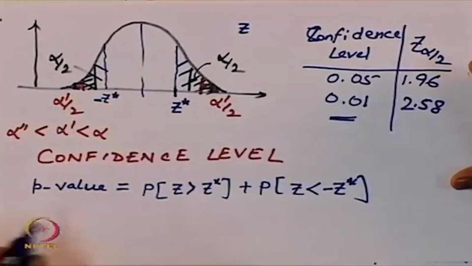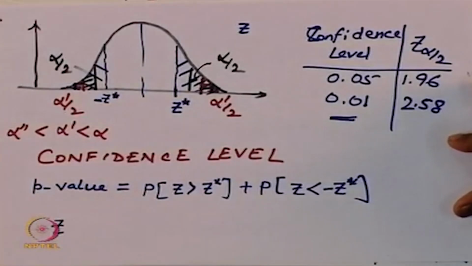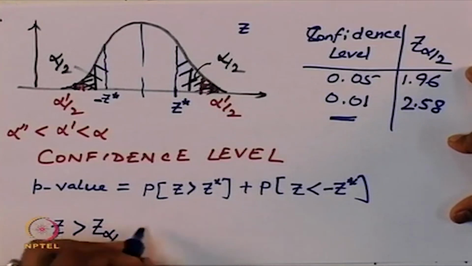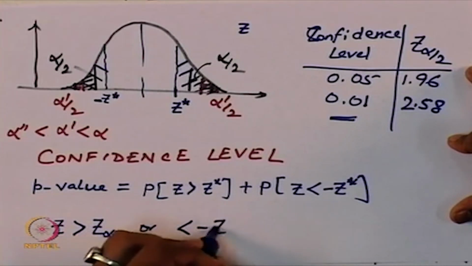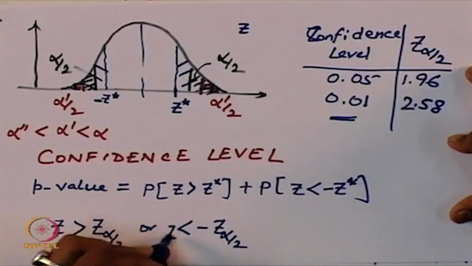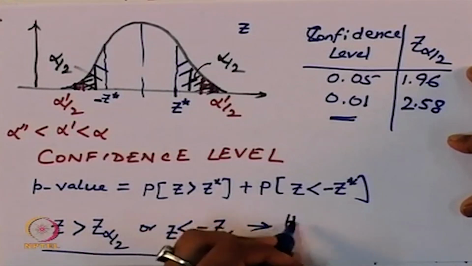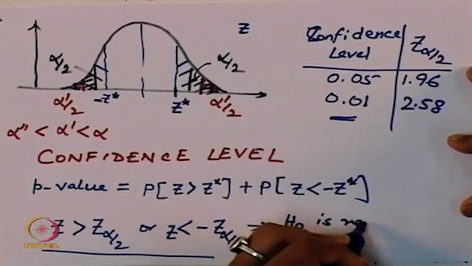Now, instead of calculating the area under the curve, since the p value is nothing but the area under the curve, you can compute whether Z is either greater than z alpha by 2 or less than minus z alpha by 2. If this criterion is fulfilled, then you can automatically conclude that H naught is rejected.